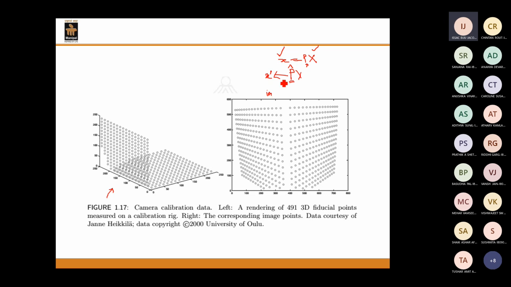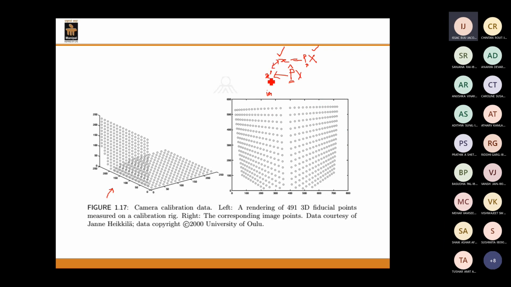So according to the optimization problem, given this x and capital X, I try to find an estimate for P, the camera calibration parameters, and then I back project that in such a way that I can find the corresponding points in the image. I try to find the difference between these two, or calculate the error function.